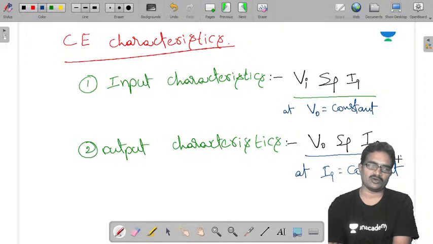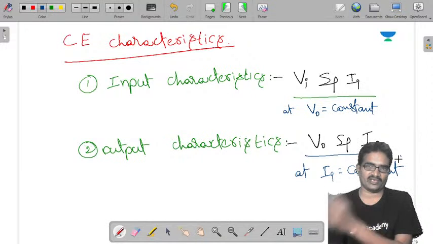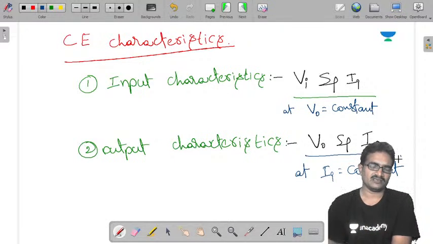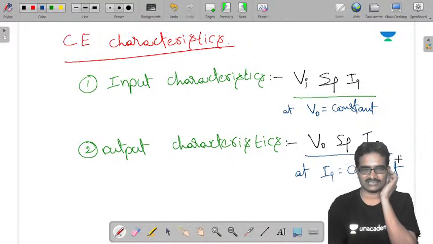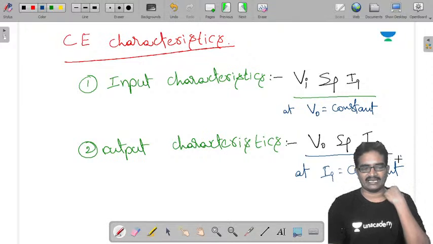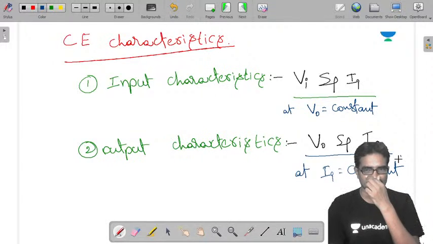In base width modulation, the way parameters vary and are related to each other is the same way different parameters are related in the H parameter model. That's why we use H parameter analysis to analyze the transistor amplifier, and we replace the transistor by its H parameter equivalent. Is it okay, sir?